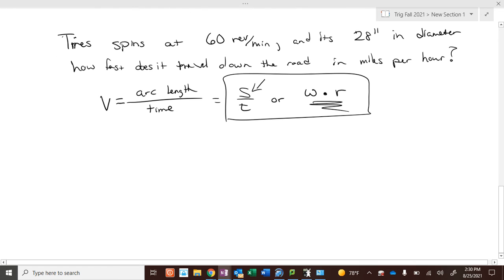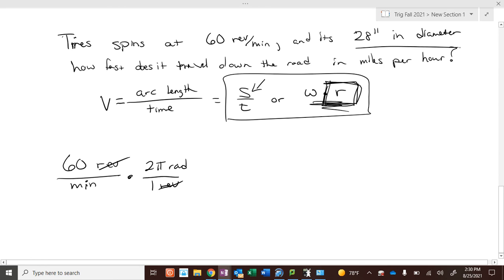Okay, so let's deal with this tire problem. We have 60 revolutions per minute. And I want to change that into angular velocity. How do we change things into angular velocity when it's in revolutions per minute? Multiply by 2 pi. There's 2 pi radians in 1 revolution. And now all of a sudden, I have radians per minute. We have angular velocity. What did I say to take angular velocity by?